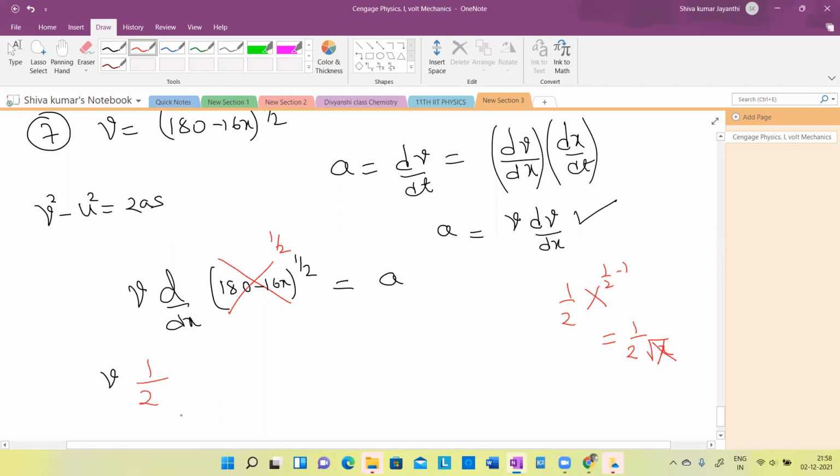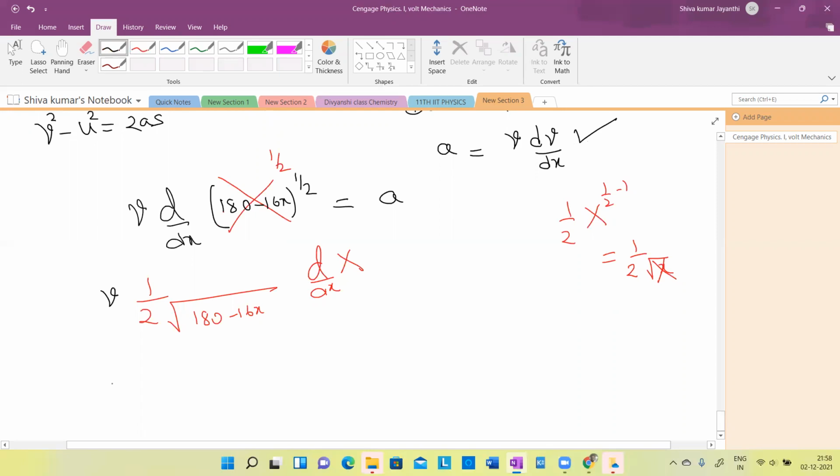So what we get is 1/2 root over 180 minus 16x into the derivative of capital X. So that's why I'm changing the color so that you understand what I'm doing. So v by 2 root over 180 minus 16x is there inside this.